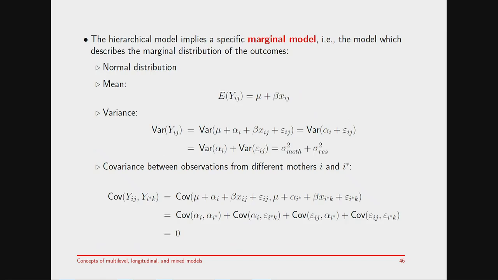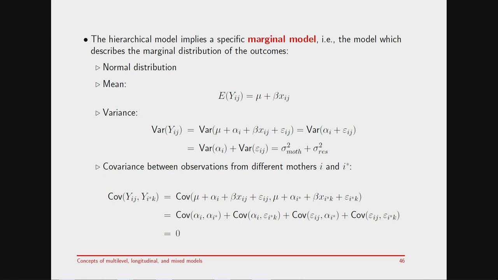So the marginal distribution for y will be a normal distribution with mean the fixed effects. So take your mixed model, and remove everything which is random. The fixed part, that's your mean structure. So that's the same as in a traditional linear regression model.